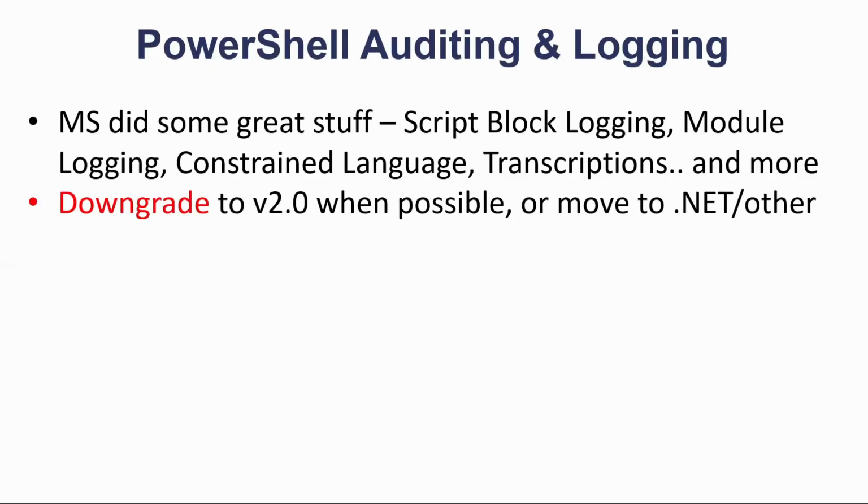PowerShell 2 evades all these capabilities that PowerShell introduced since PowerShell 4 plus some KB articles, basically PowerShell 5 and above. So you either downgrade to PowerShell version 2, which is not too bad, since it's very similar in functionality and most scripts will run just fine, or you can move to other tools, Python or writing native .NET, because these auditing and logging capabilities are so good.